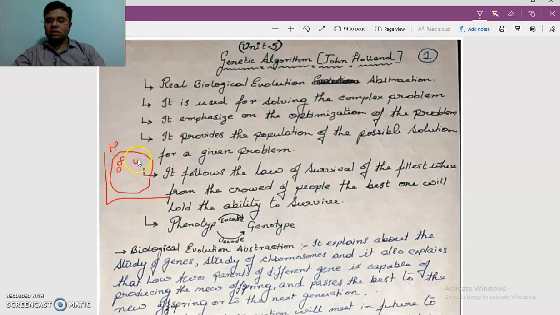As I have already discussed, the genetic algorithm deals with the optimization of problems by reproducing an optimum result. So suppose here we have multiple problems. In the previous machine learning algorithms, we were only classifying, finding the nearest neighbors and classifying the result in order to produce the output.